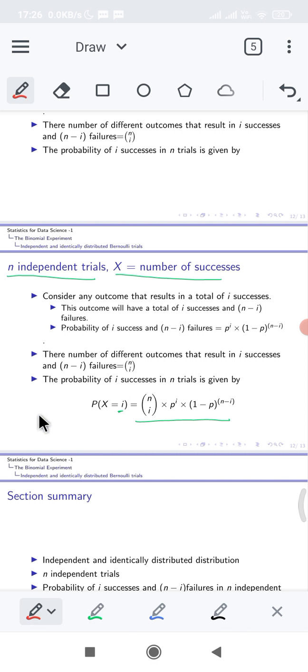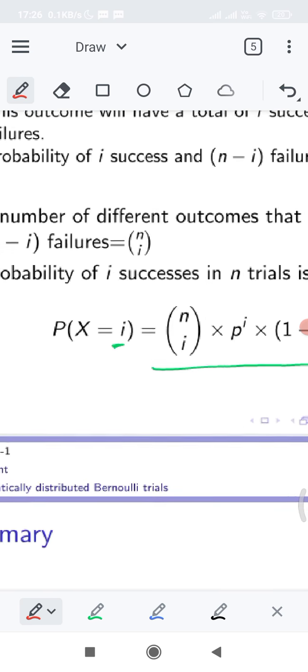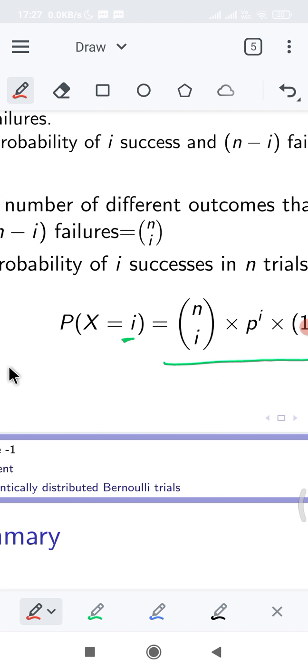Suppose there are 1, 2, 3, 4 up to n trials. We don't actually know if our first trial is successful, or second, third or fourth, or which i. You just know that there are i successes, but you don't know the pattern throughout the total number of trials, whether it's success or failure.